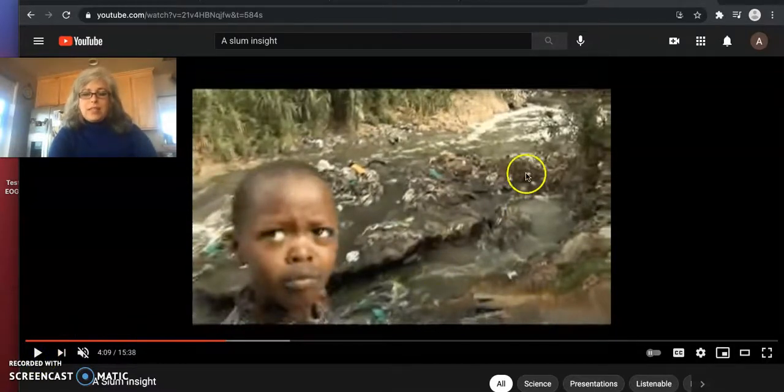Now, this is the water supply. And this is garbage from the slum. Part of the infrastructure that first world countries, high income countries, and most upper middle income countries have is proper sanitation systems in order to take waste far away from where human beings have to live.